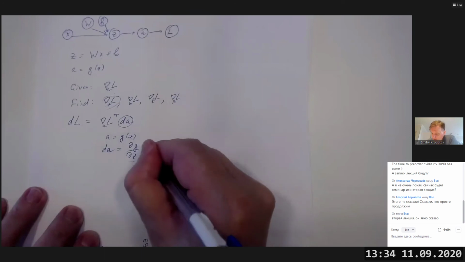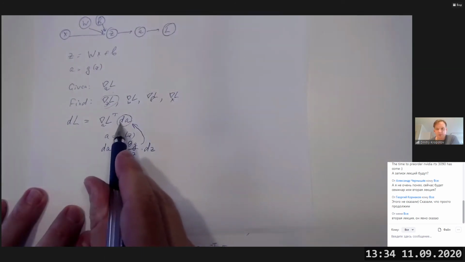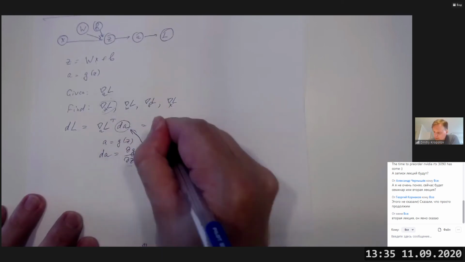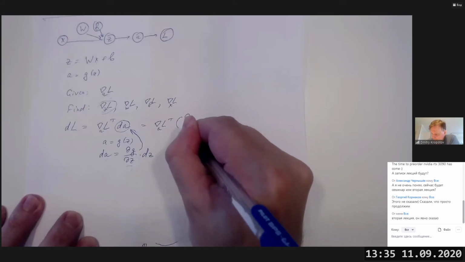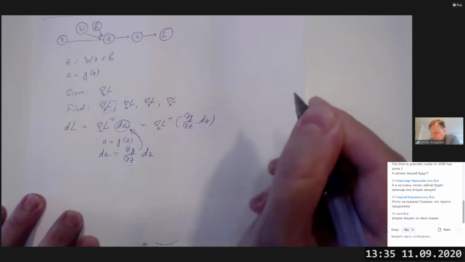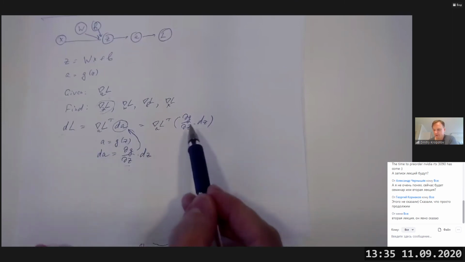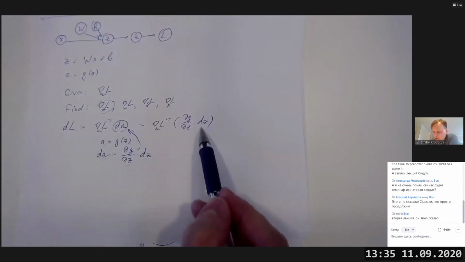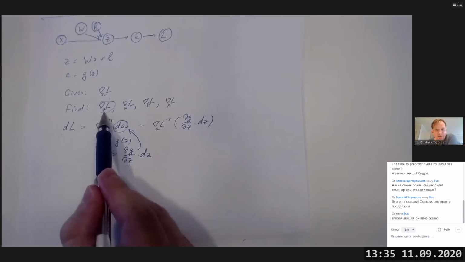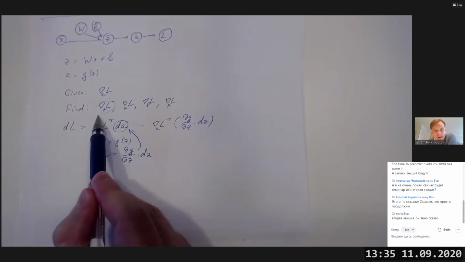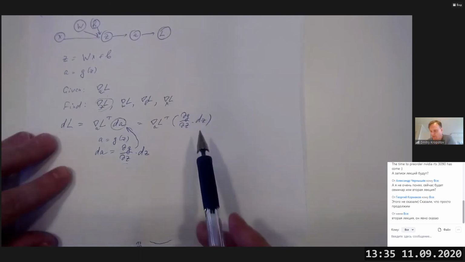And what we do next, we put the expression for our differential into our expression. So here, just put it here. And finally, again, we have the expression for our differential in terms of dz. If we want to extract the required gradient of L with respect to z, we need to transform this expression into canonical form.